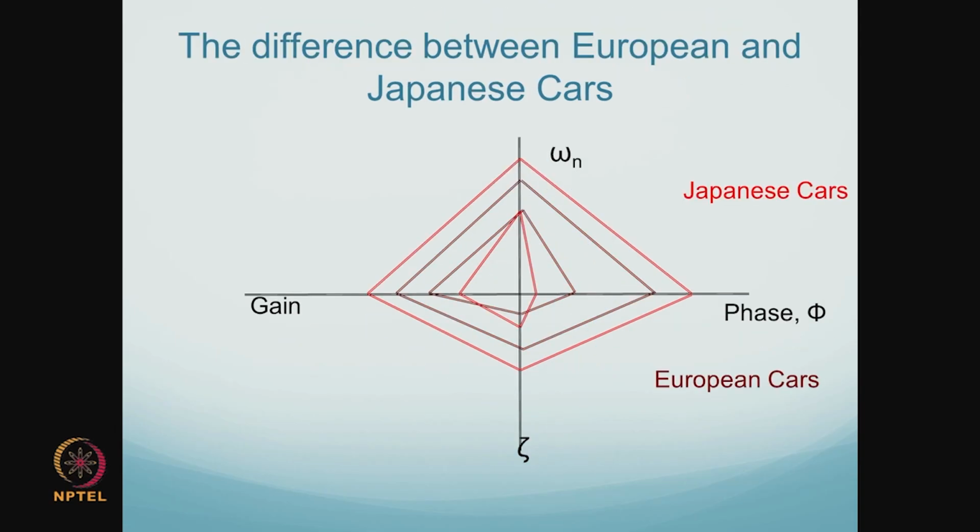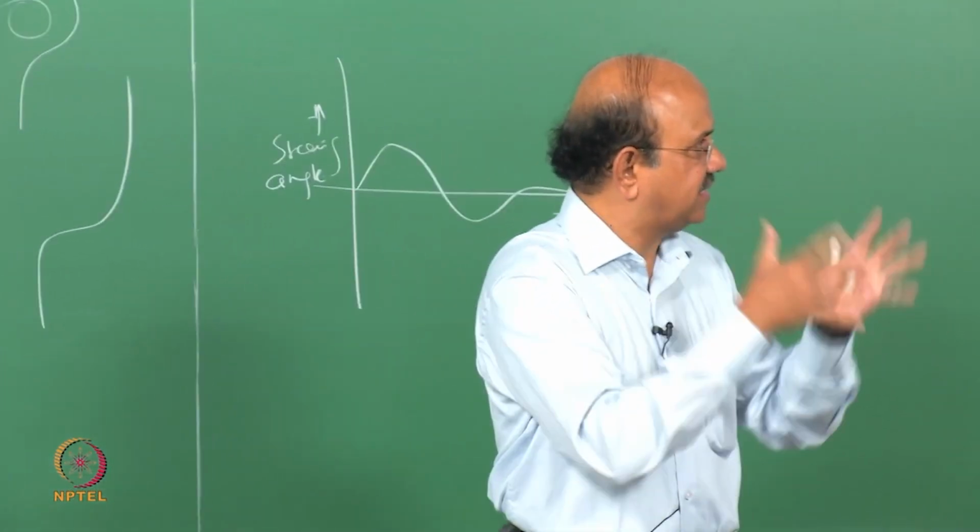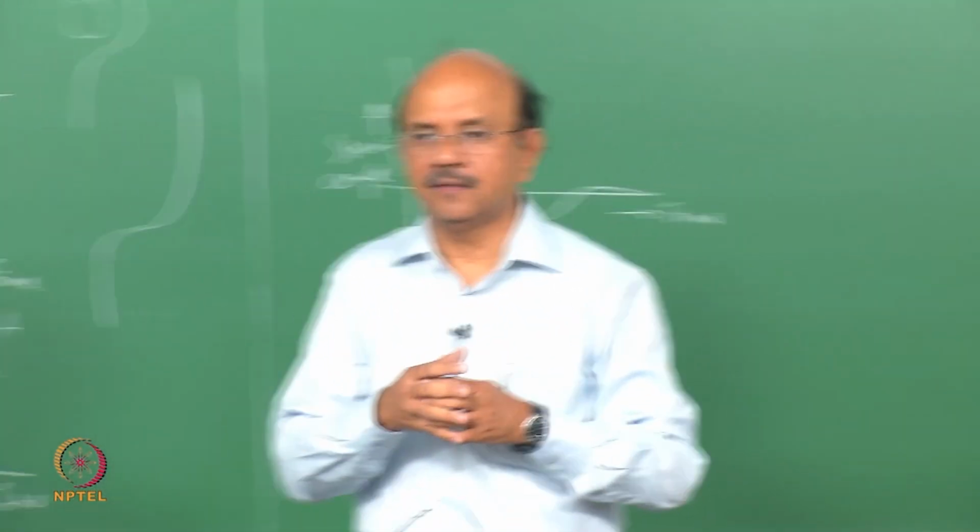And before that, let's compare that. This is the difference between the European cars and the Japanese cars. The range of the European cars tested was much less than that of the Japanese cars.